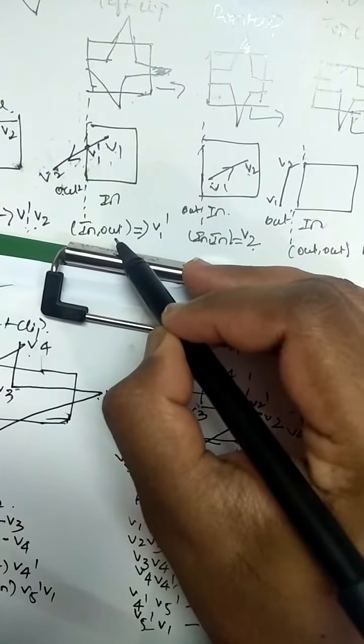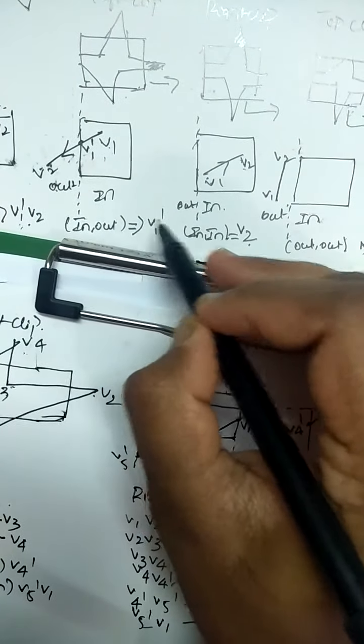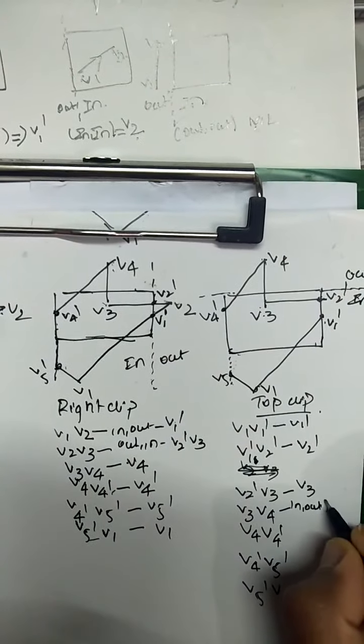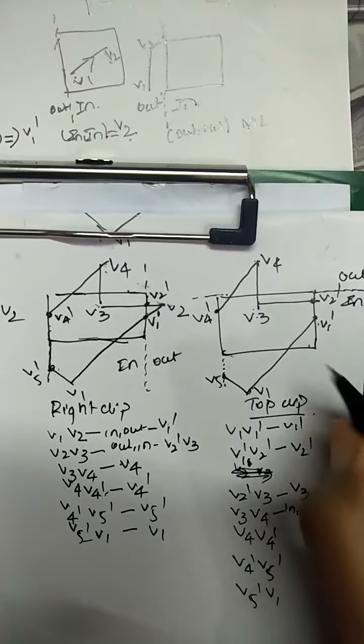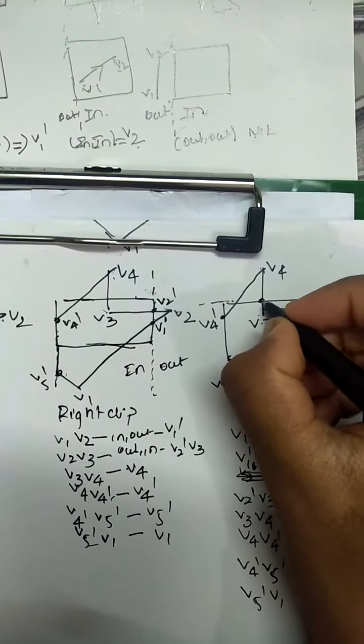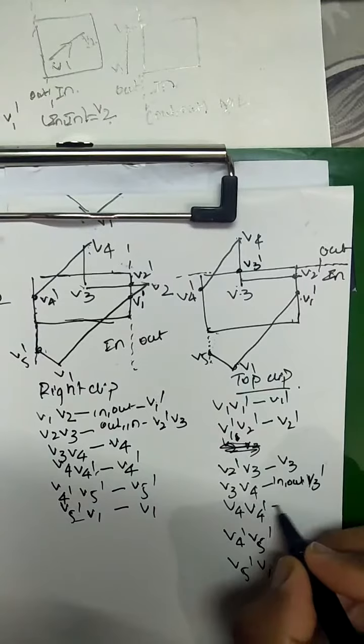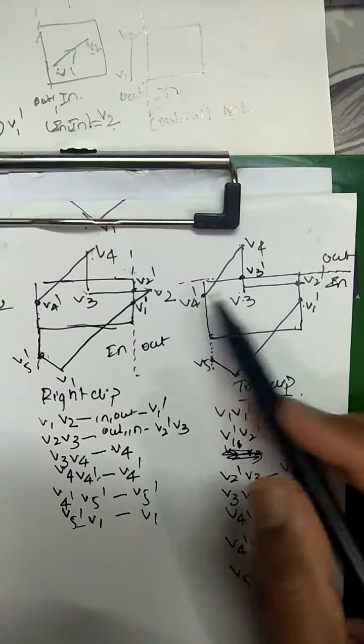If it is from in to out, I have to take the inner vertex intersection, that is v3 dash, that is here, v3 dash. Fine.